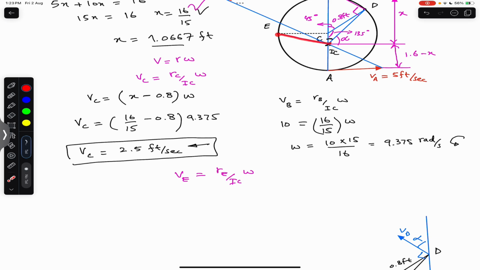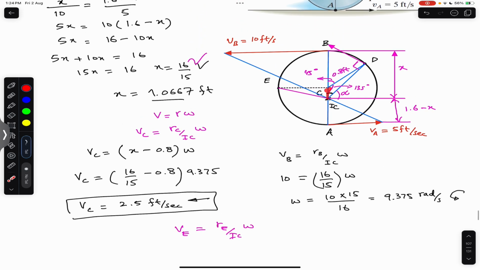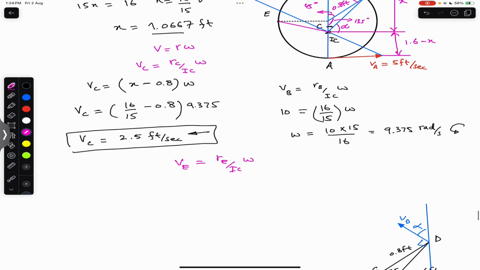So we need to find the magnitude of that position vector from instantaneous center to point E. So we need to find this length. Now we know this length, this is 0.8, this is x minus 0.8. So let's draw that right angle triangle here.